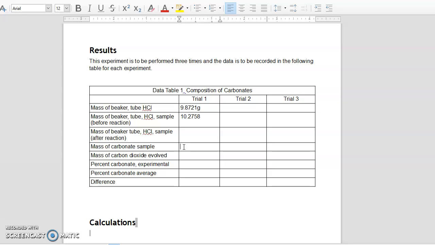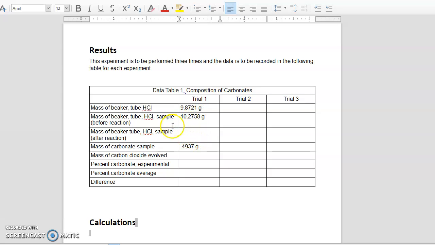Okay? The mass of that sample is going to be 0.4937 grams. Okay? I'm leaving the grams off. I did leave it off there. I will add it to these. Just want to make sure, because you know scientists always have to have the units.